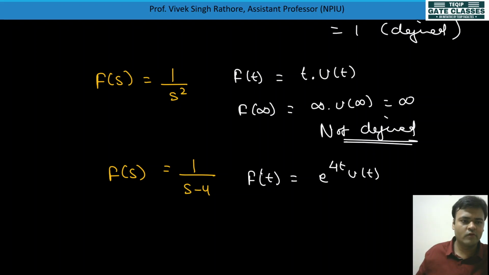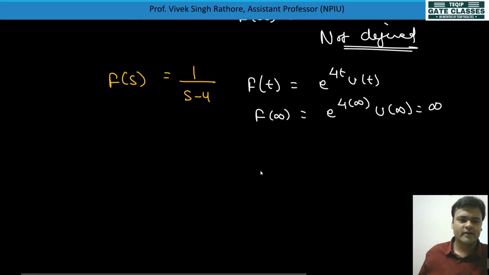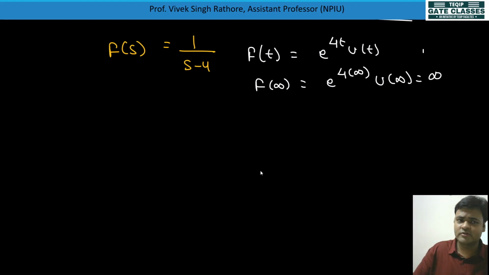So f of infinite value, what will it be? E to the power 4 into infinite, u of infinite, so the value will be infinite only. So it is not defined. This value is also not defined.